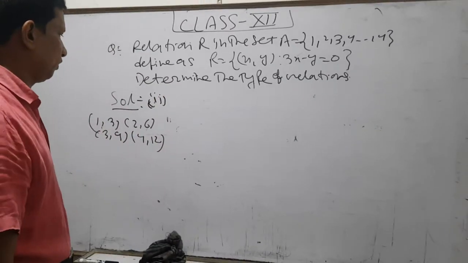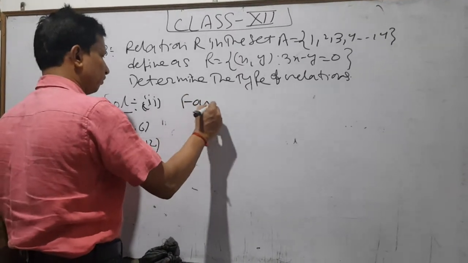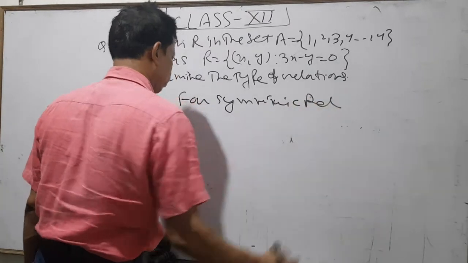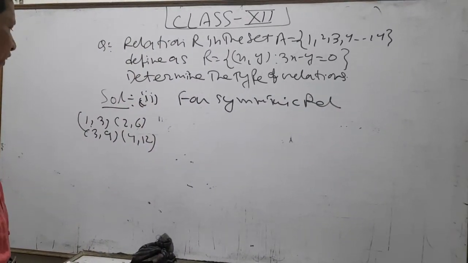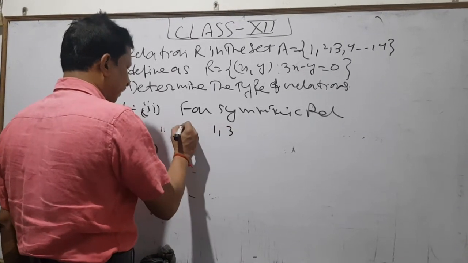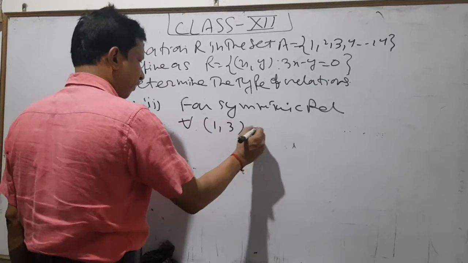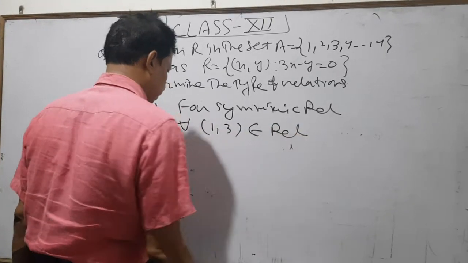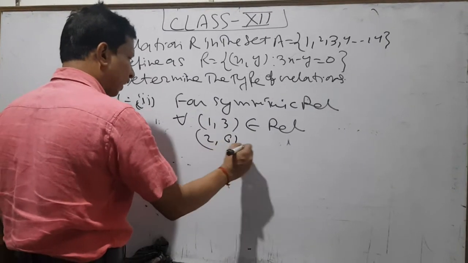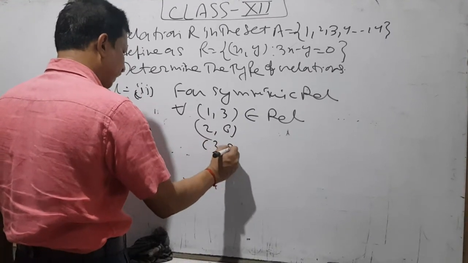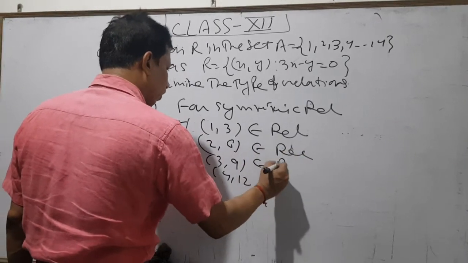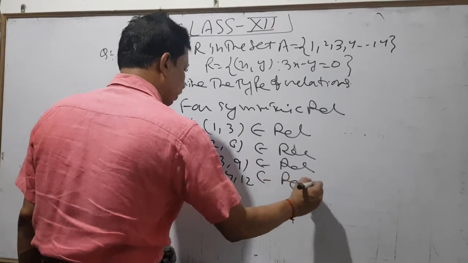And the next one, for symmetry. For a symmetric relation, for every (1, 3) that belongs to the relation in the given ordered pairs, similarly (2, 6), (3, 9) and (4, 12) belong to the relation.